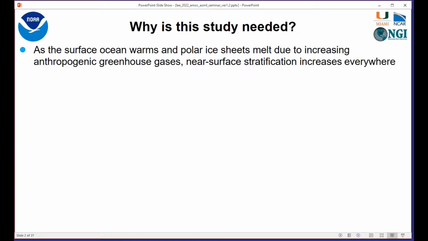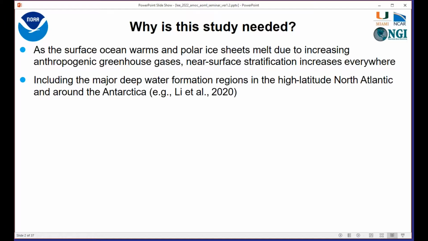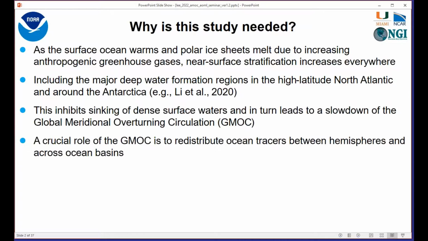So why do we need to study this? As the surface ocean is getting warmed up and the polar ice cap is melting, due to the increasing anthropogenic greenhouse gases, the surface ocean becomes more stratified everywhere, including in the deep water mass formation regions in the high latitude North Atlantic, as well as around Antarctica.